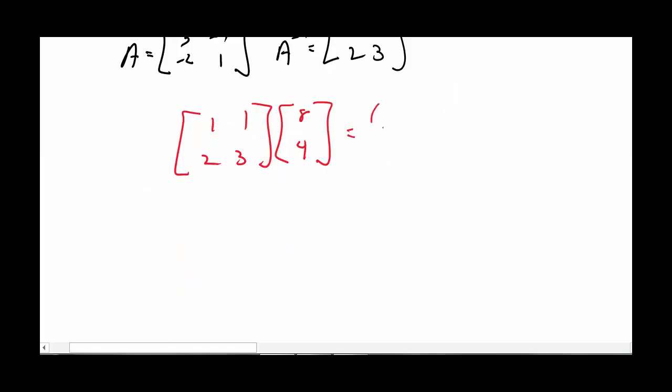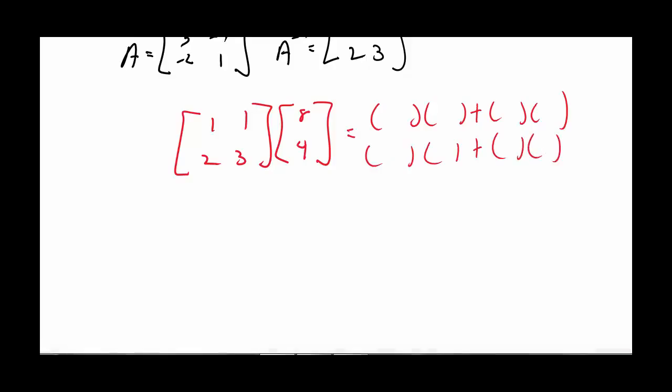We got 2 of them, so that gives me 2 sets of numbers. I want row times column. So row 1, those are the 1s, and row 2 is the 2 and the 3. And then I want column 1, which is 8 and 4. So the 8 goes there, 4 goes there.